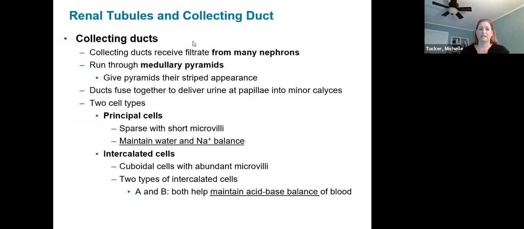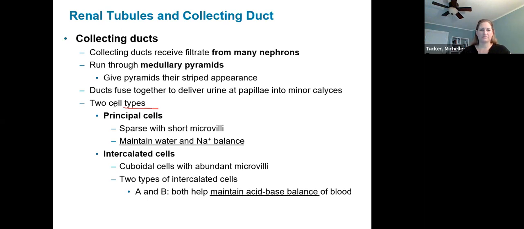As I mentioned, the collecting ducts receive filtrate from many nephrons. Then they are going to run through the medullary pyramids and end at the papilla. Then once at the papilla, it delivers urine into the minor calyx, to the major calyx, to the renal pelvis, to the ureter. We'll go into the two cell types much more in depth next week, but collecting ducts do have two main cell types.